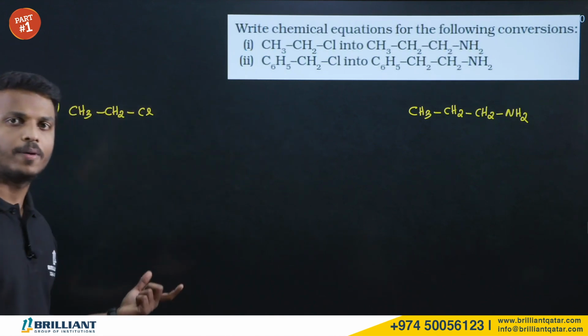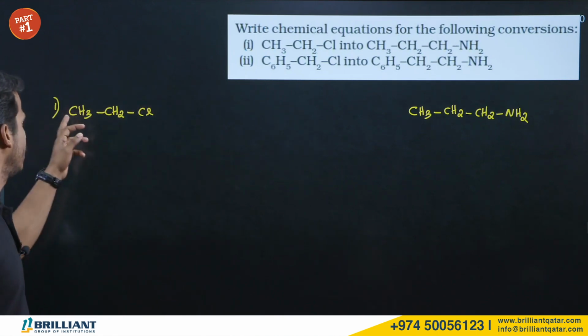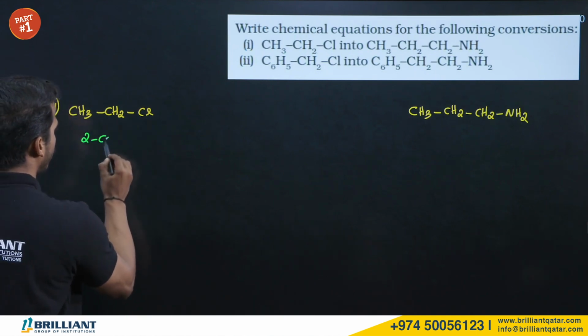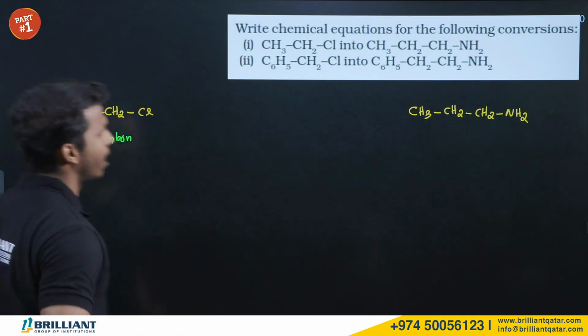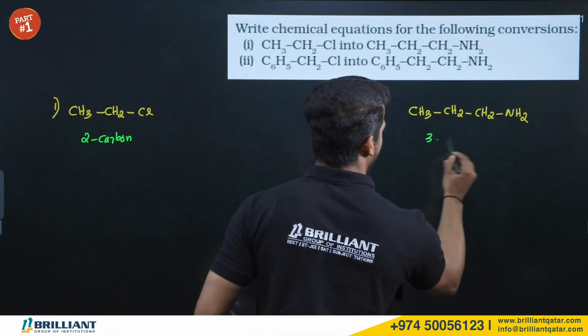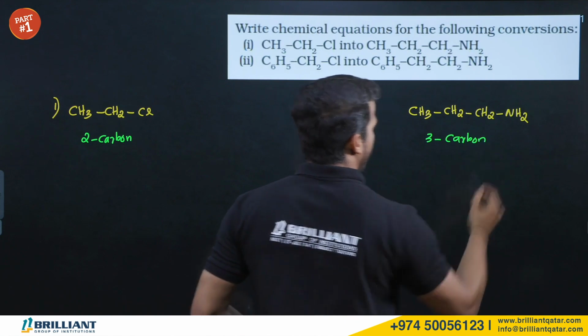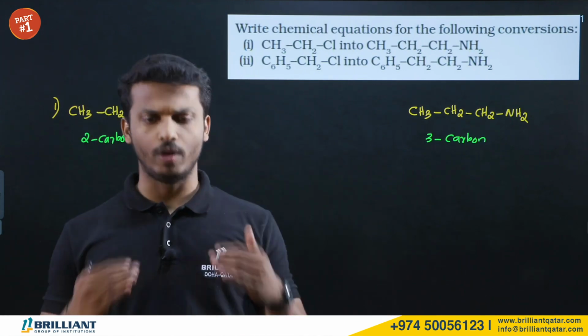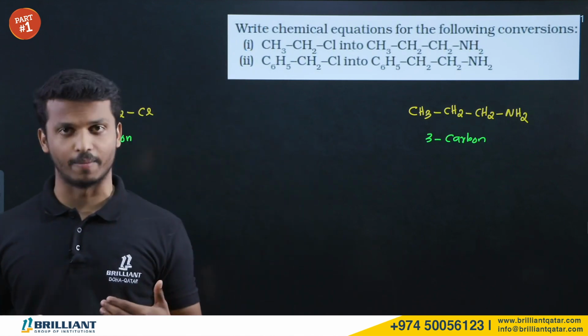In total, how many carbons do you have on the reactant side? You can see 1 and 2, only 2 carbons, right? But how many carbons in the final product? There are 3 carbons, right? So we need a step up method. We want to increase the number of carbons by 1.